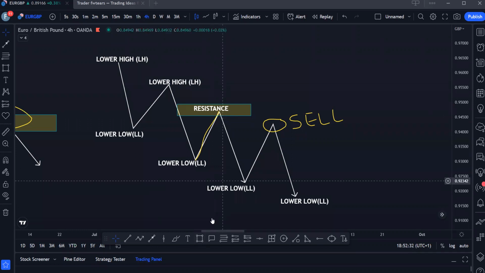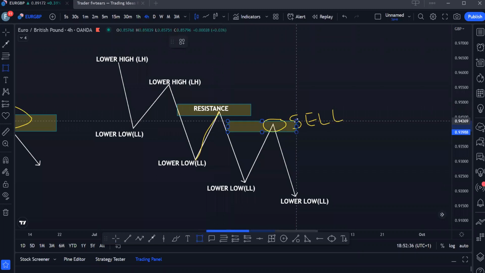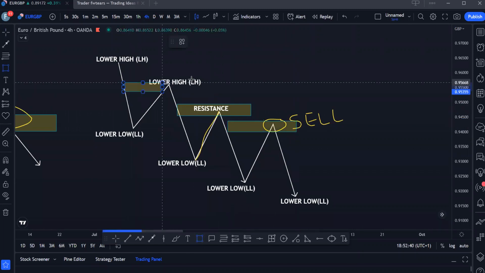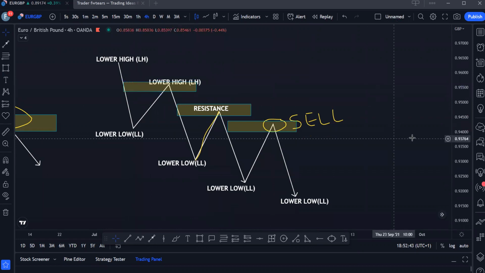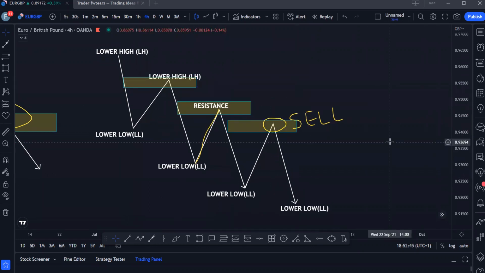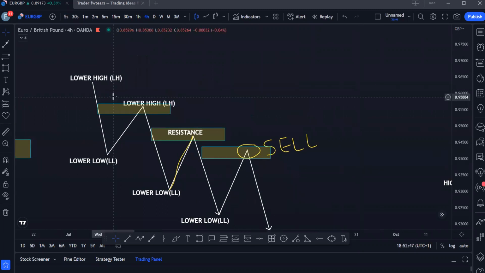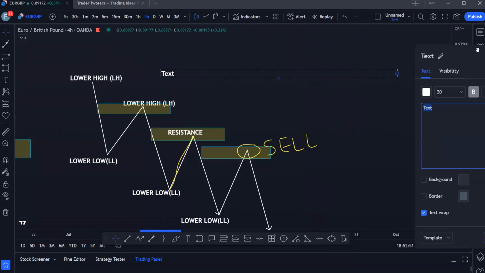Likewise, a lower high is going to end at the resistance zone all the time. So let me make this easy for you. Just write it down, even if you don't really understand what I've said so far.